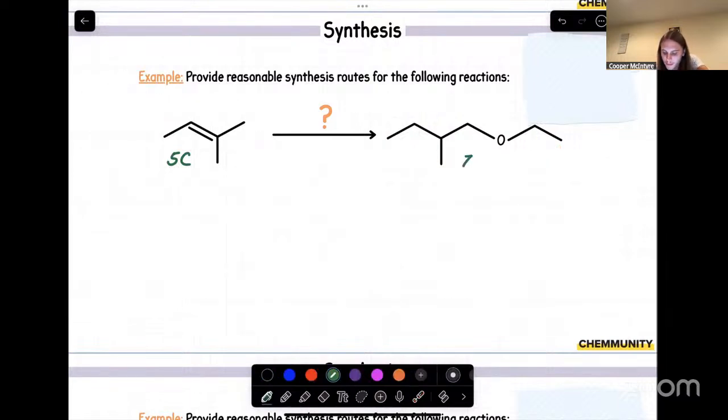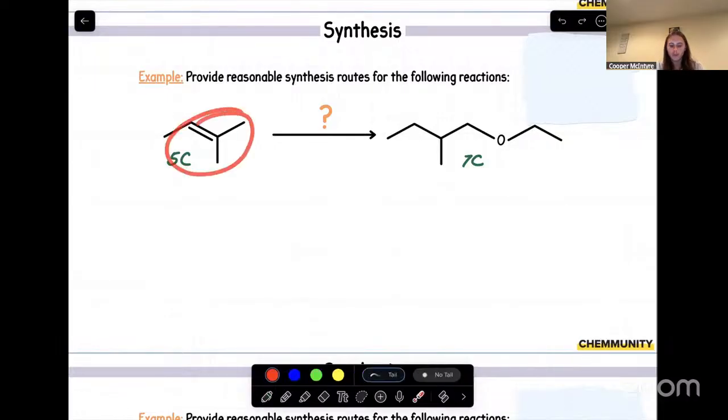Perfect. Sweet. Now from here, after I've counted my carbons, the next thing I want to do is find where my new bond is. And the easiest way to find where your new bond was added is by finding your starting material in your product. So how can we find the skeletal structure of this in our product?